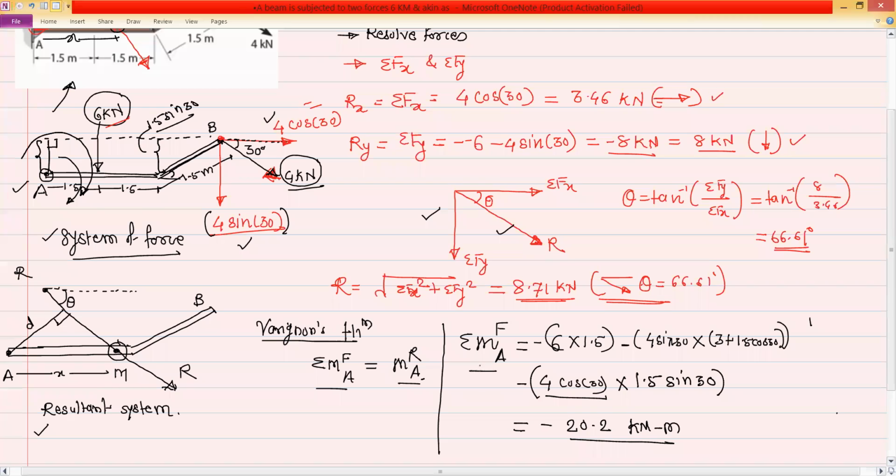This is the left hand side, the summation of moments by all the forces about the point A. Now just observe the right hand side, the moment by resultant about the point A. For the right hand side, we have to refer to the resultant system. From the resultant system, we have the perpendicular distance D and we know the value of resultant.